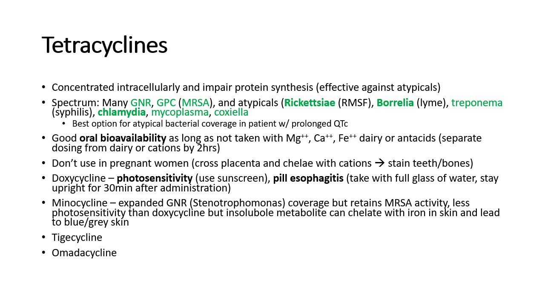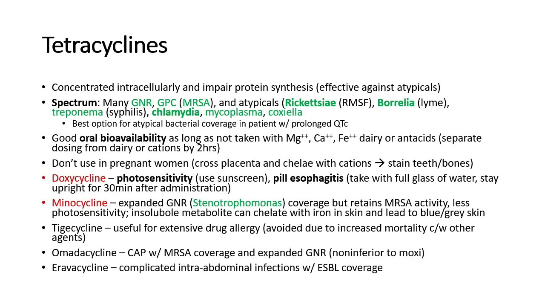Tigecycline, omadacycline, I'm not really going to talk much about these. I guess I added an extra slide there, but tigecycline is typically used for patients with extensive drug allergies who can't use other antibiotics. Patients with pneumonia and sepsis who receive tigecycline typically have increased mortality, so that medication fell out of favor, but it does have that one role for patients who just can't have other medications.